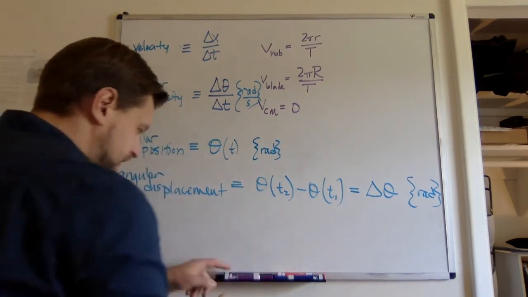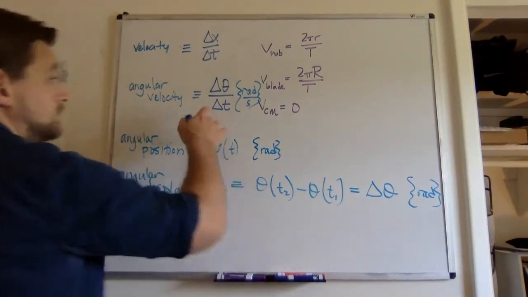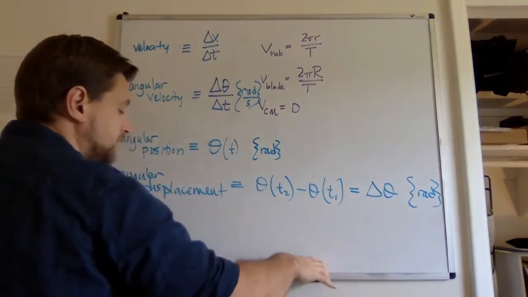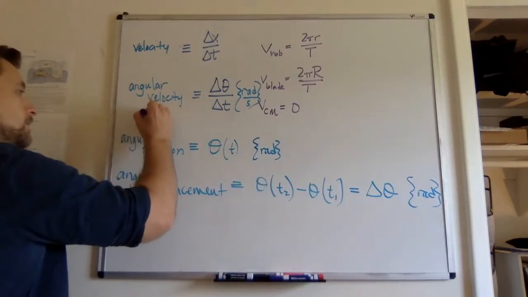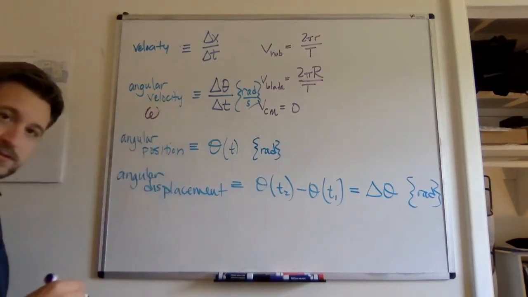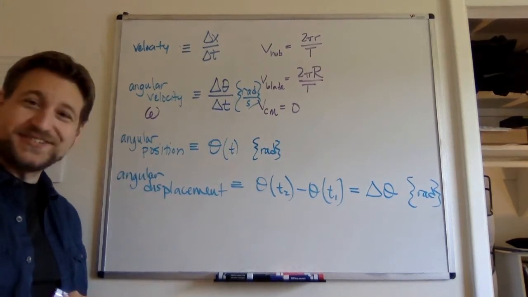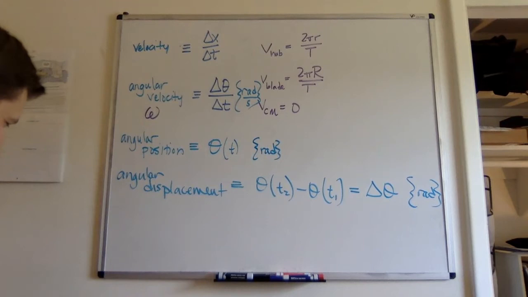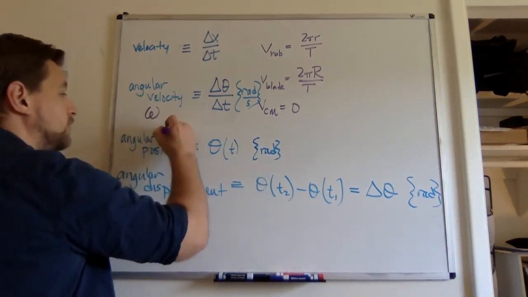The symbol I'd like to use for it is the Nationals logo. It's a lowercase Greek letter omega.